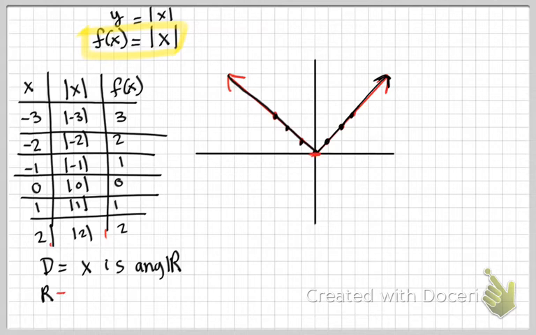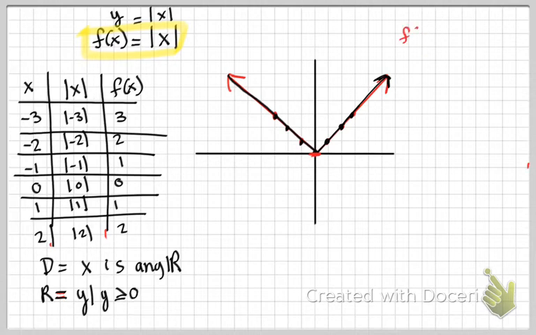My domain is any real number because it keeps getting wider. But my range, what is the highest it goes? It has a minimum. Okay, the minimum it hits on the y-axis is 0. So we're going to say y is such that y is greater than or equal to 0.